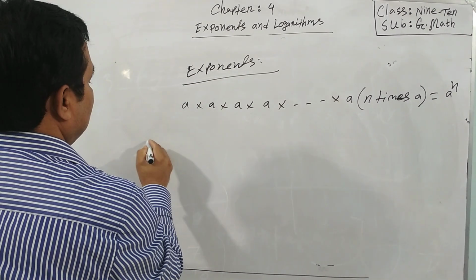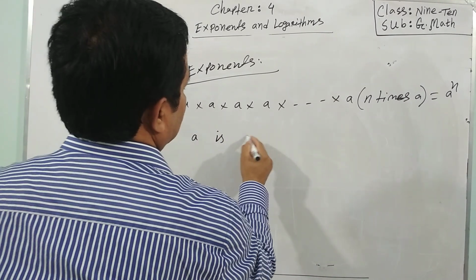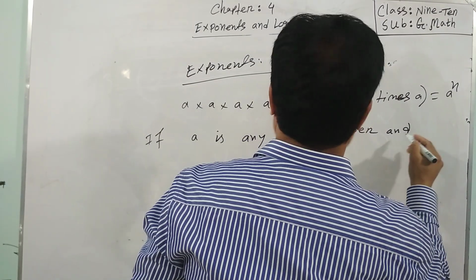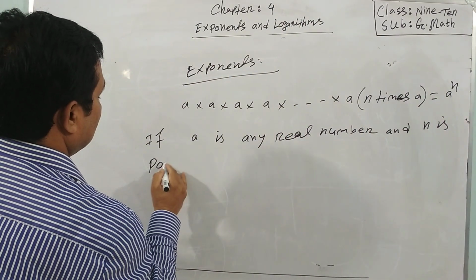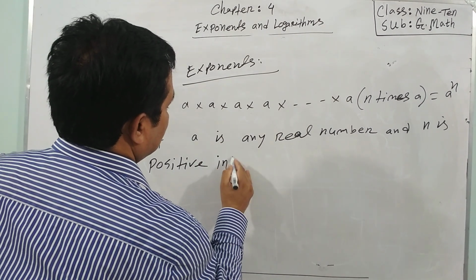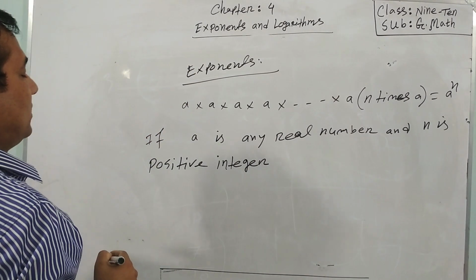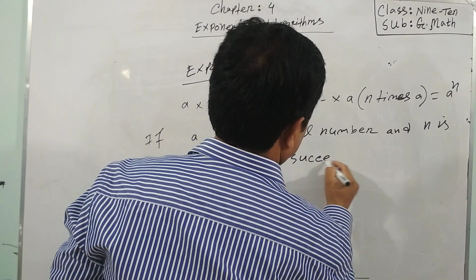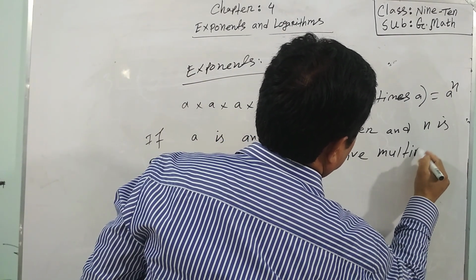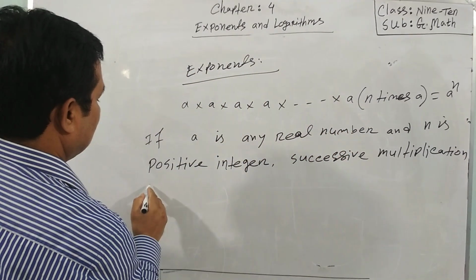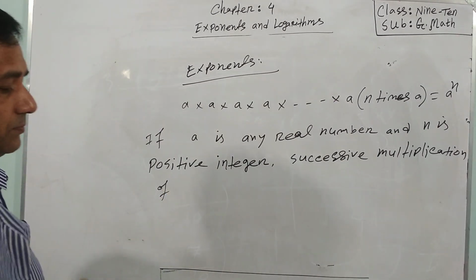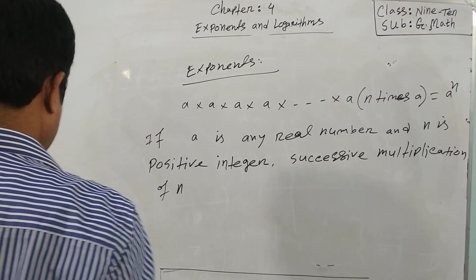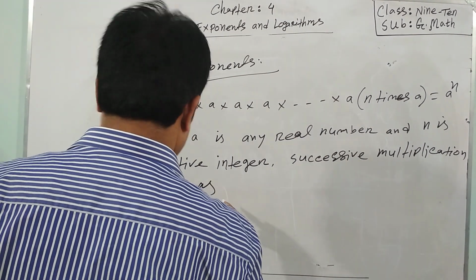Now the definition of exponents: if a is any real number and n is a positive integer, the successive multiplication of n a's is a to the power n.